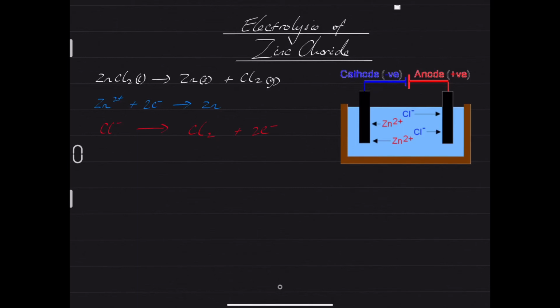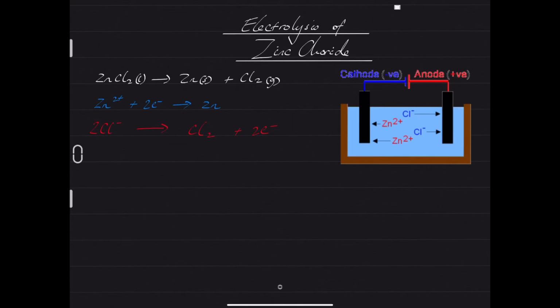Okay, you should have a 2 there. So now this is the ionic half equation, balanced fully, for chlorine gas. Now what is happening with the chlorine ion?